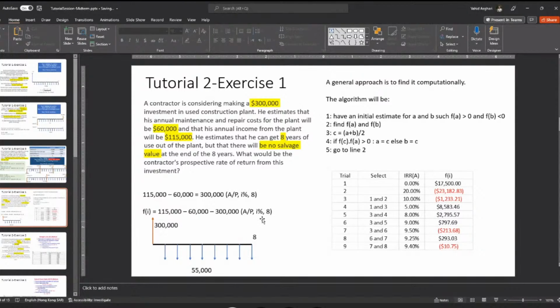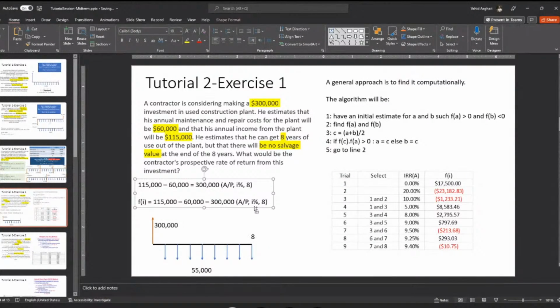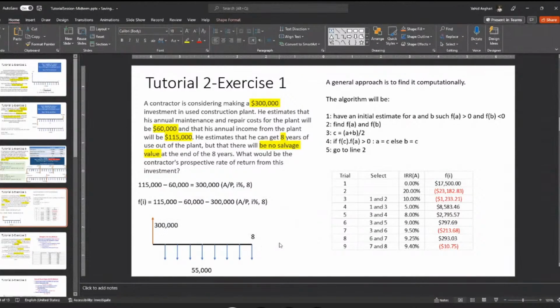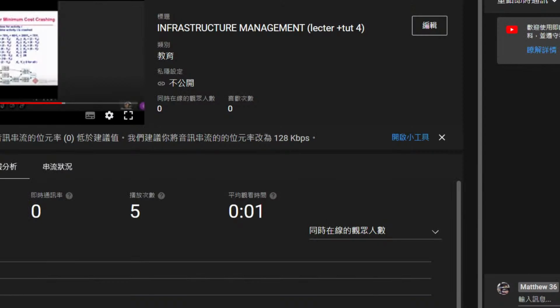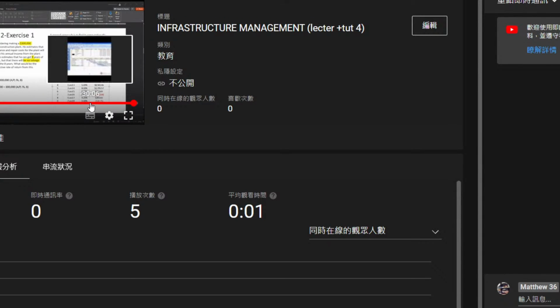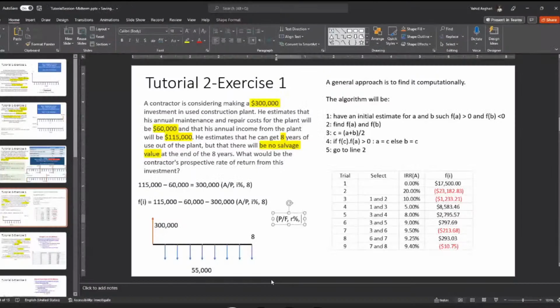We know P, we know A, we know the number of periods, which is 8, but we don't know the rate of return. It doesn't matter which formula you want to use, you can use all of them. You can use P based on future value, which we don't have in here, but I'm going to write it anyway.